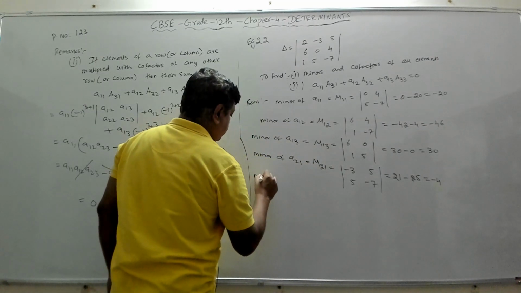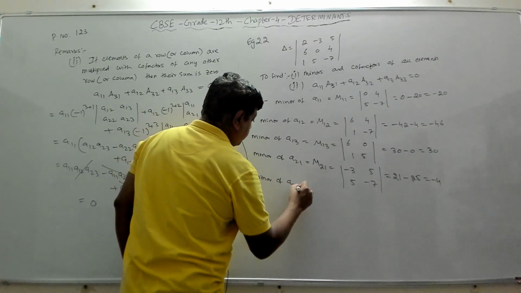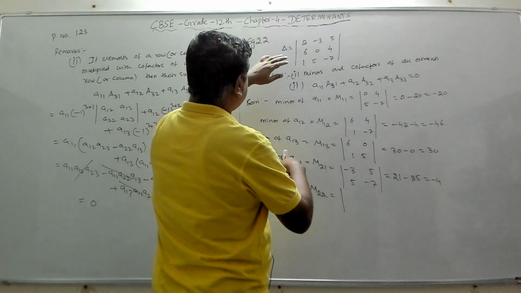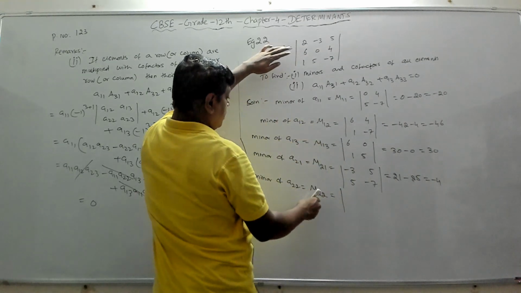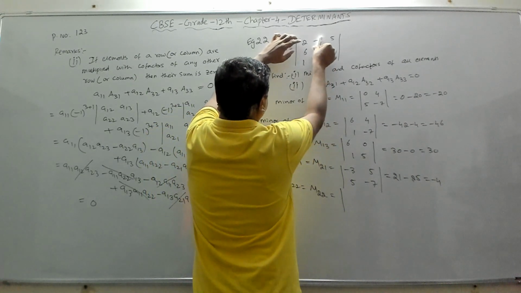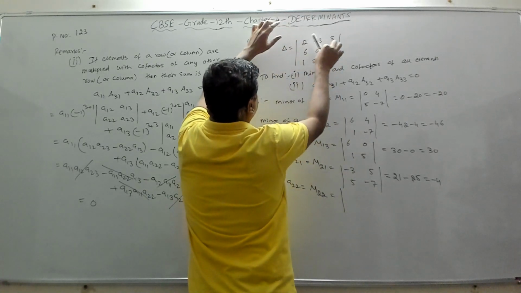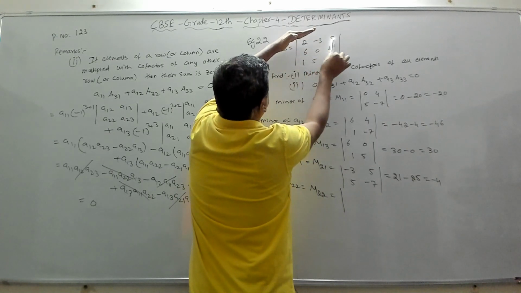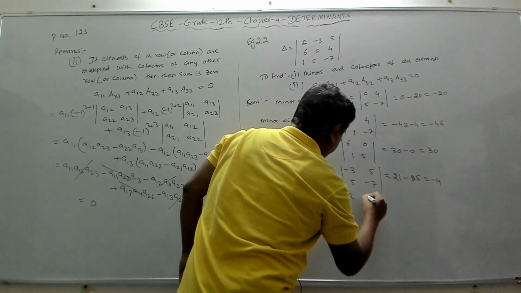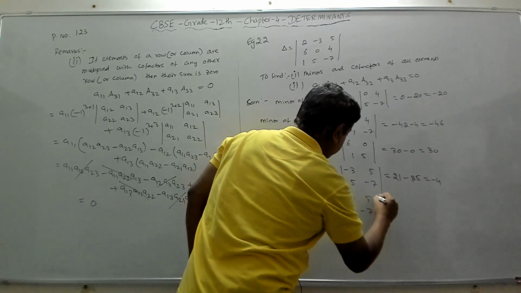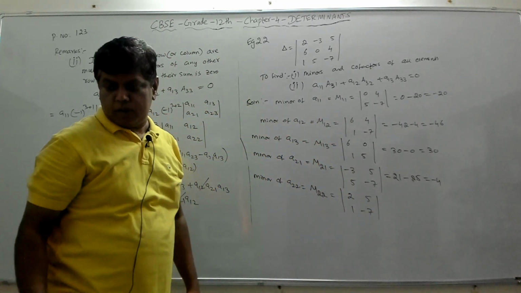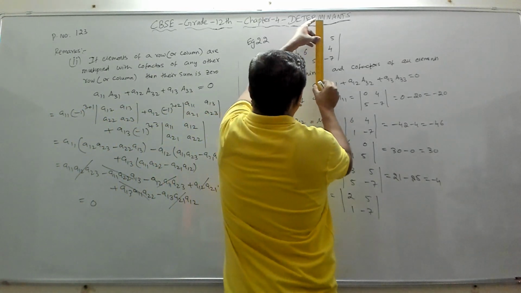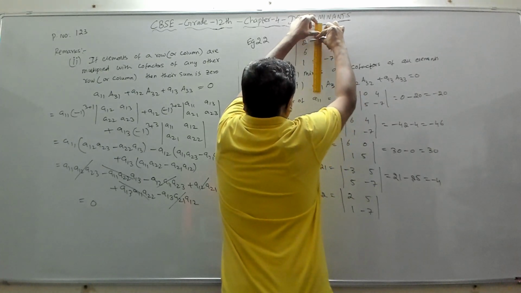Now the minor of a22, M22, is equal to the determinant where we close that particular row and that particular column. If you close this and this, you get 2, 5, 1, minus 7.